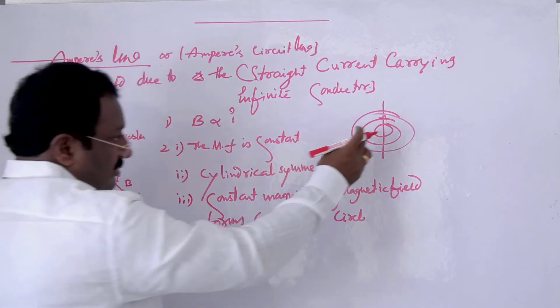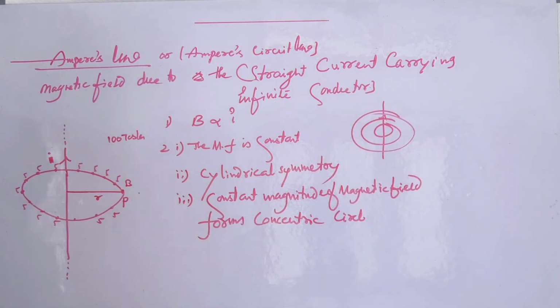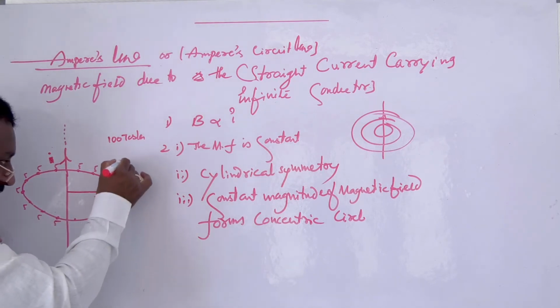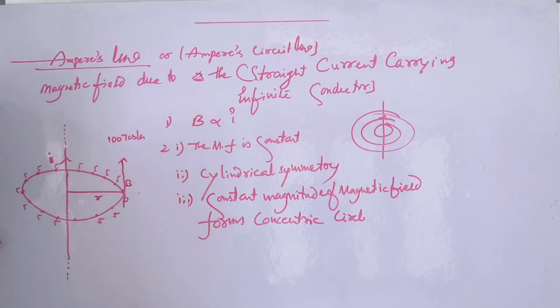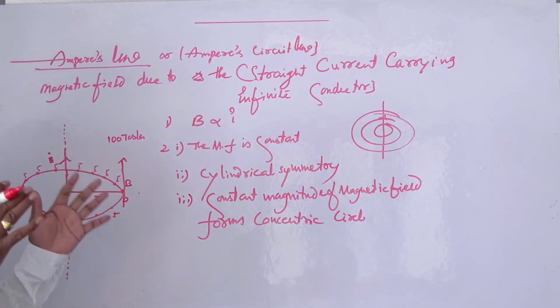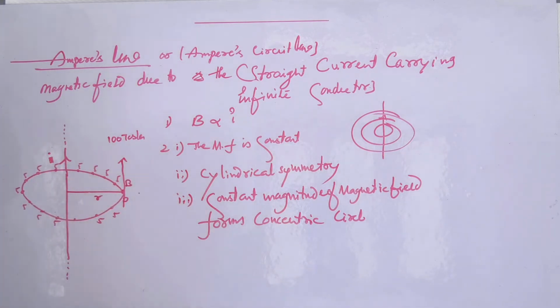If there are concentric circles, the direction of the magnetic field on this loop is tangent. The tangent gives the direction of the magnetic field, and the magnetic field is always perpendicular to the plane containing the source and the point.